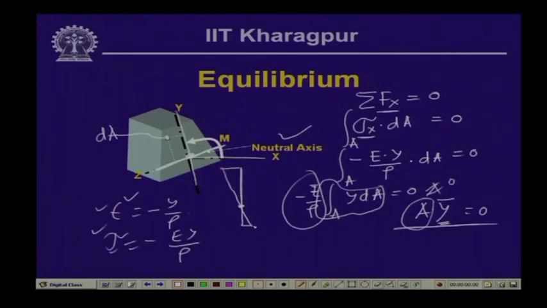So, we will have a variation something like this, wherein we will have 0 strain or 0 stress over here, and here we will have strain and the corresponding stresses, and here also we will have the strain and the corresponding stresses. This gives us the variation of the strain and the stress. So, this is one equation of equilibrium from which we can locate the neutral axis in the cross section.